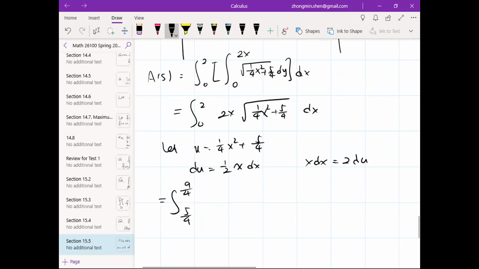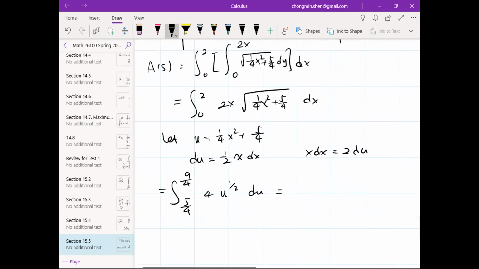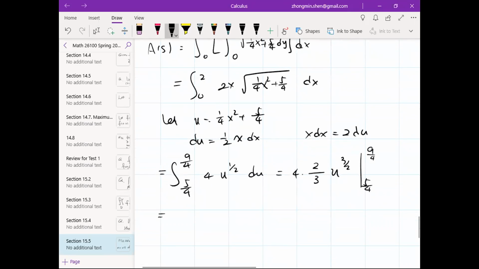And x times dx is 2 du, so it's 4, and then u to the 1/2 du, okay? Then you find the antiderivative of this and evaluate at the two endpoints. Okay. And then you get the answer.